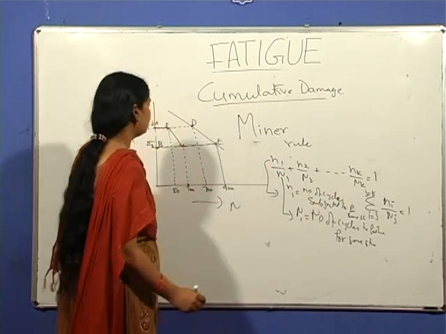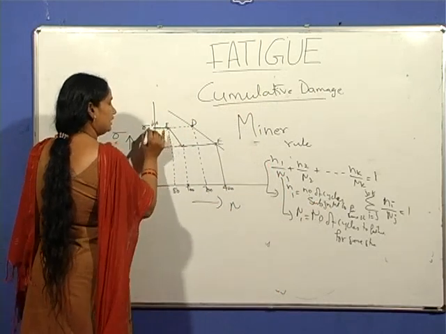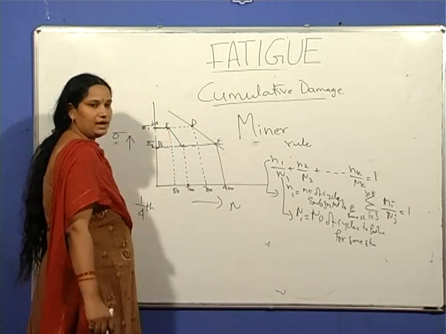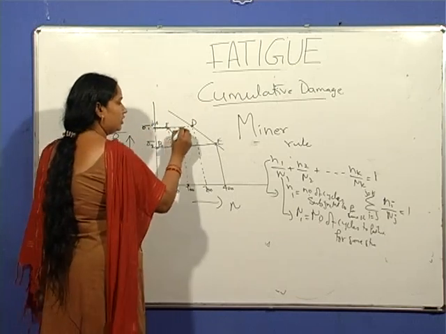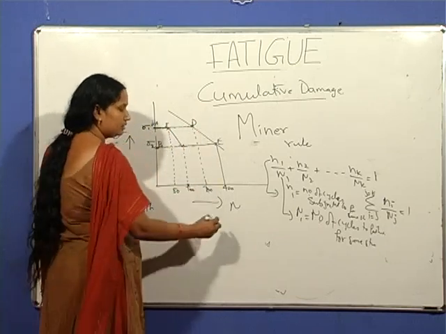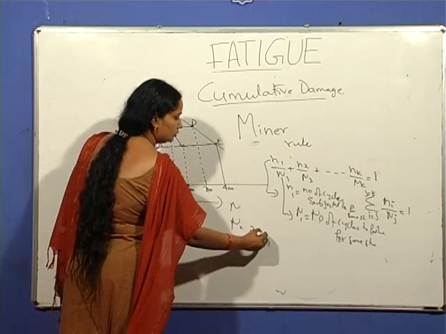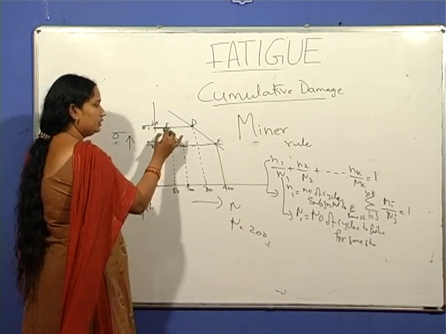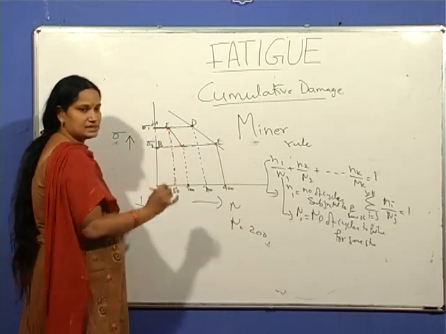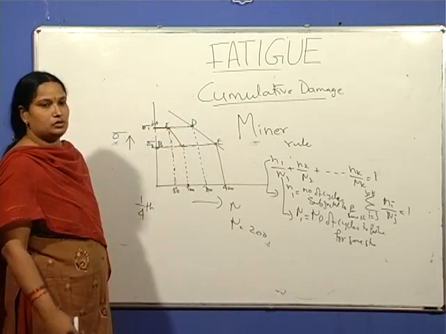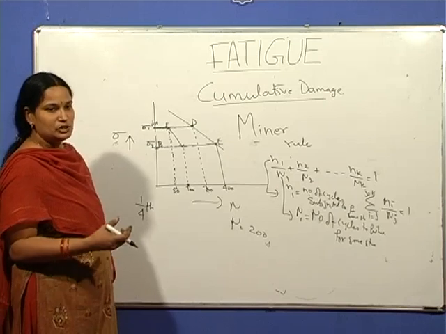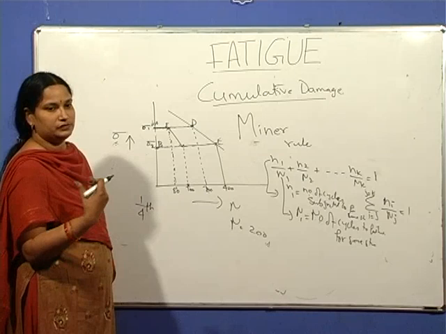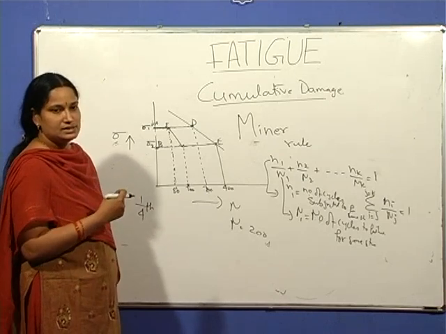That is, from this example, for the case of sigma 1, the same value of stress, the life of the component is 200, that is capital N is equal to 200, but the component is subjected to only 50 cycles. So, about 1/4 of the life of the sample is consumed.